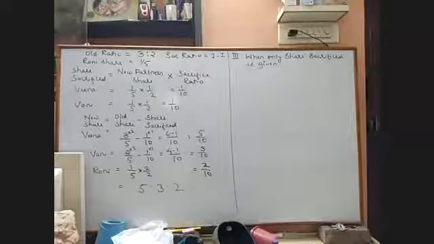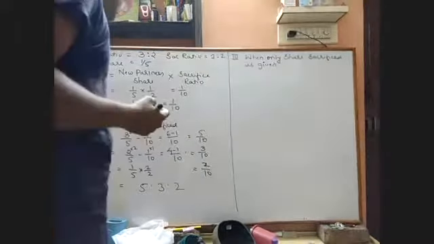Let's start. Put heading: calculation of new profit sharing ratio of Amar, Akbar and Anthony. Everyone has to write the heading.